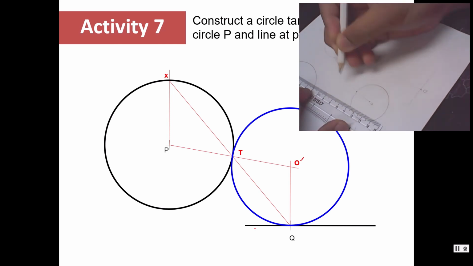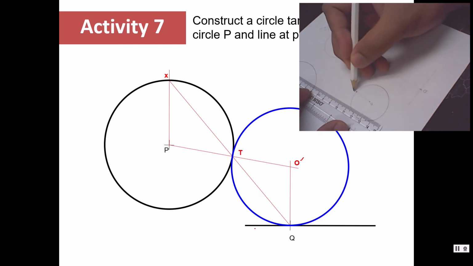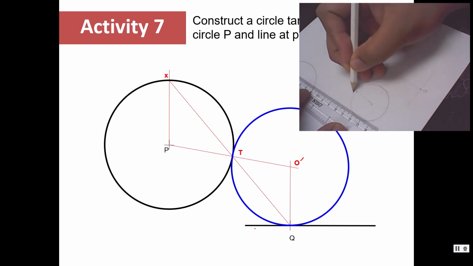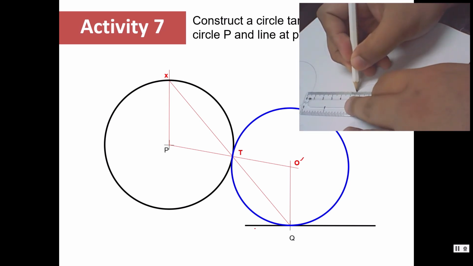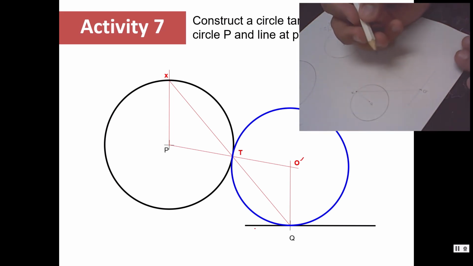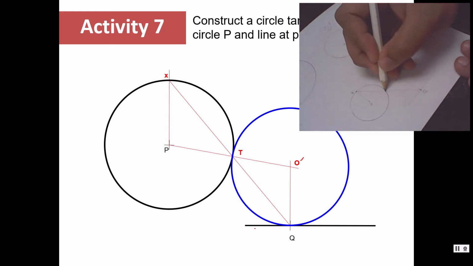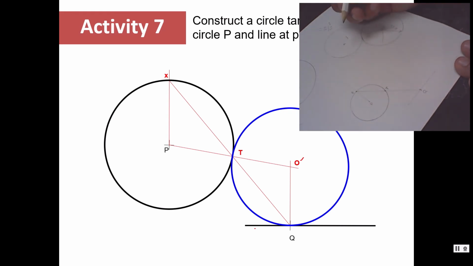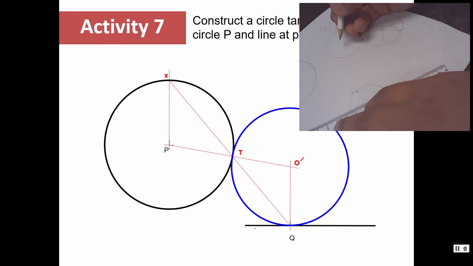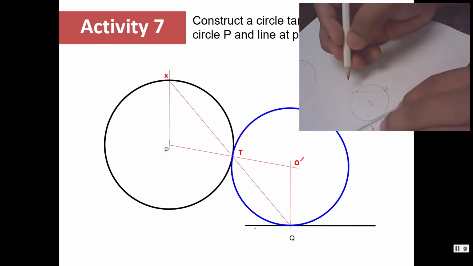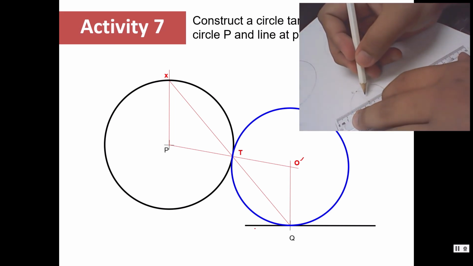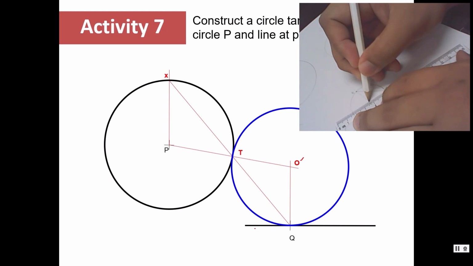So the line, this straight line that touch the circle, we consider this as X point, in which this X point we want to draw another line that is going to connect to Q. Once it's connect to Q, we have this point as T, and then this T point, the P, this point P will touch T in another line.